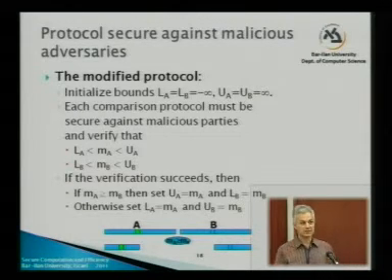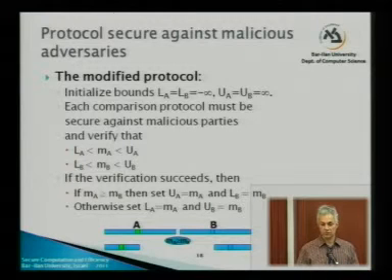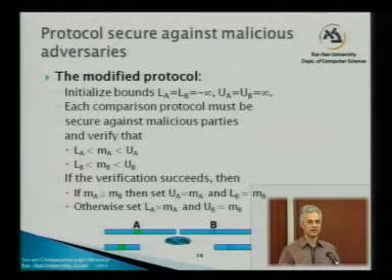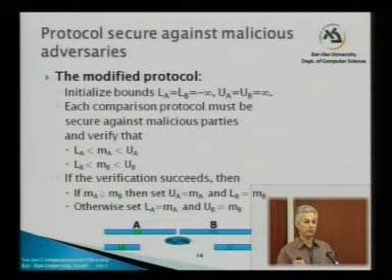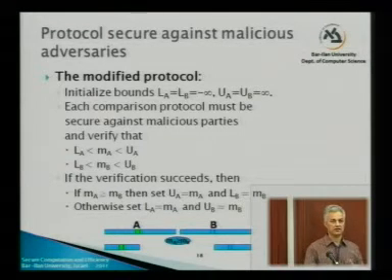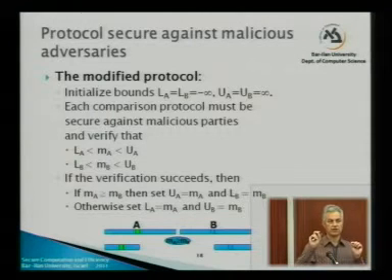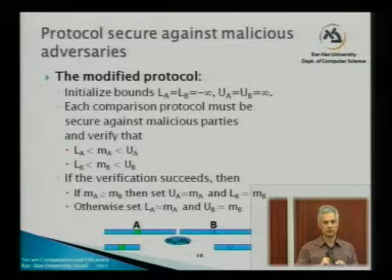In addition, the protocol should put a lower bound on Bob's inputs as MB, because in that step we also told Bob to throw away all items smaller than MB. So in each comparison, as we tell the parties to throw away items, we set bounds on the values of items which they are allowed to keep in their inputs.